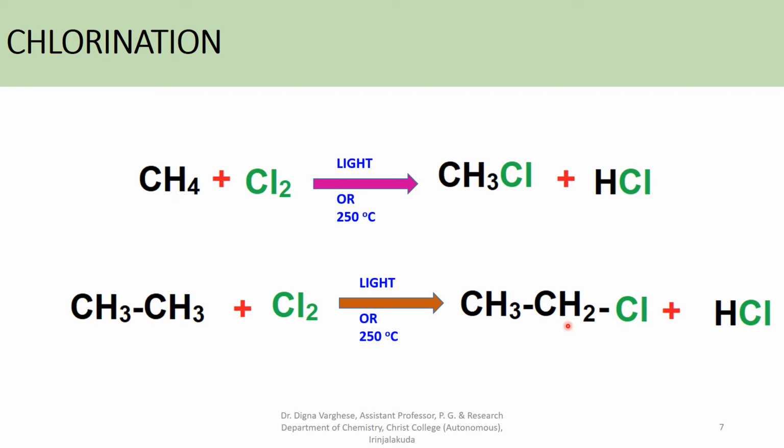If sufficient chlorine is used, the monochloro derivatives undergo further chlorination reactions with successive replacement of the hydrogen atoms by chlorine atoms.